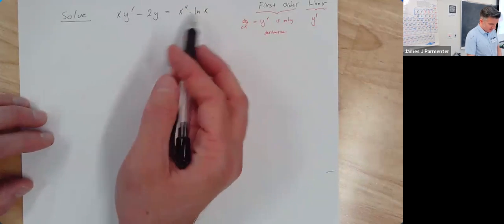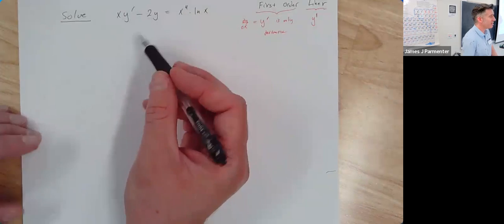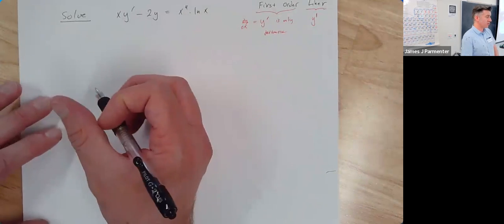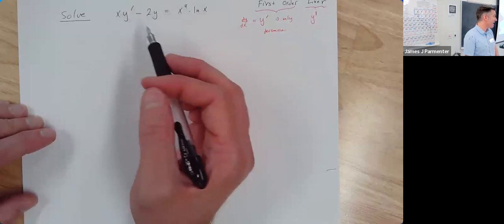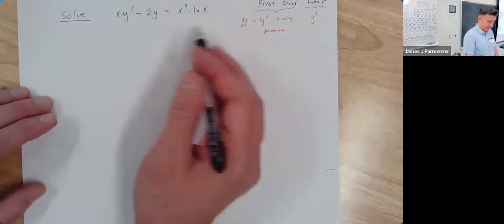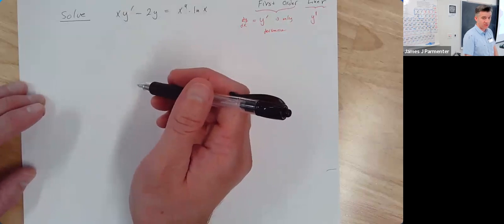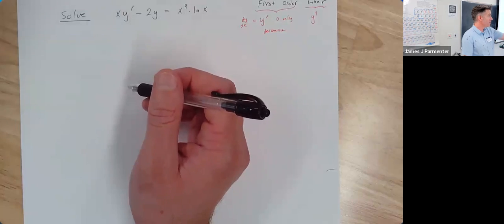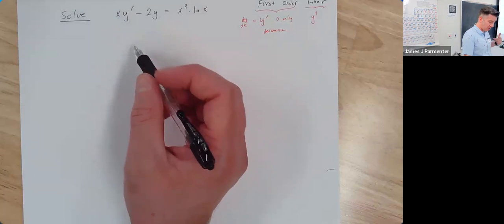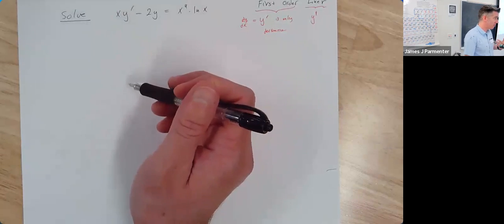So if I see something like this, I see that it's almost written in the usual first order linear format. I'm going to try and make it first order linear because I feel like I'm being given a hint here. To make it first order linear in the right format, what do I have to do to everything? Right, and what do I do to isolate y prime? Divide by x.